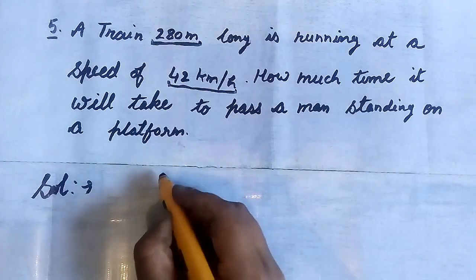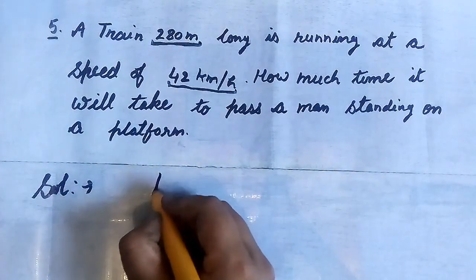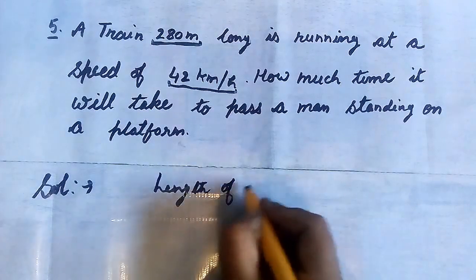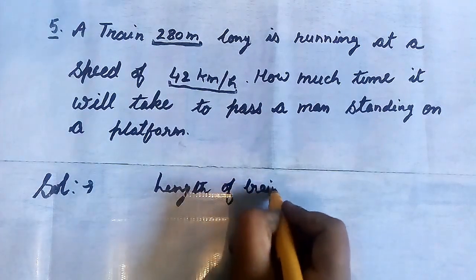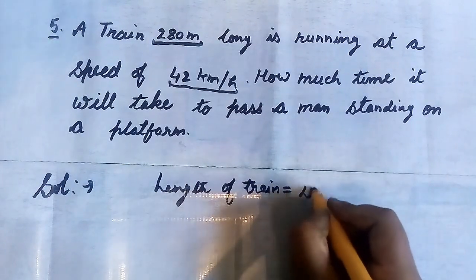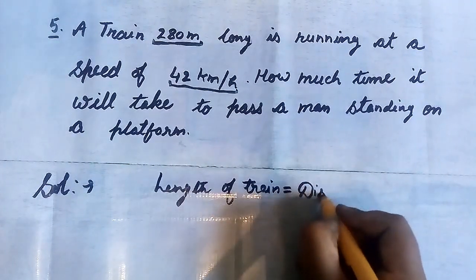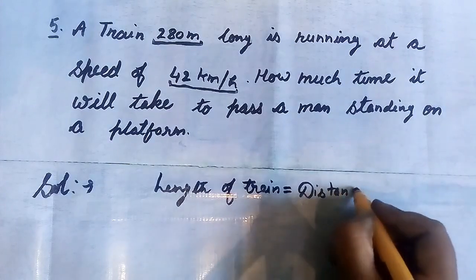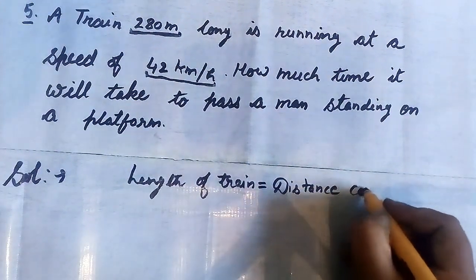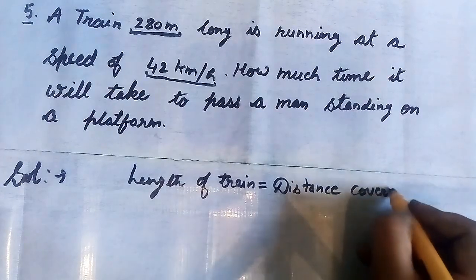Now, first of all, the length of the train, we know that this will be equal to the distance covered by the train, which is given equal to 280 meter.